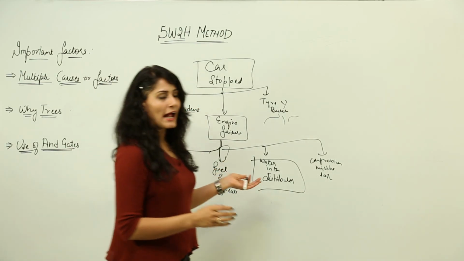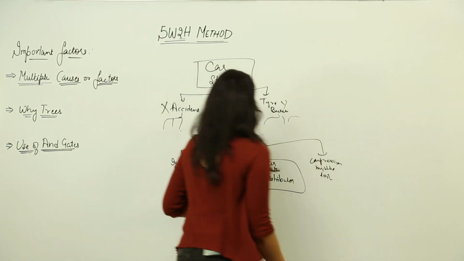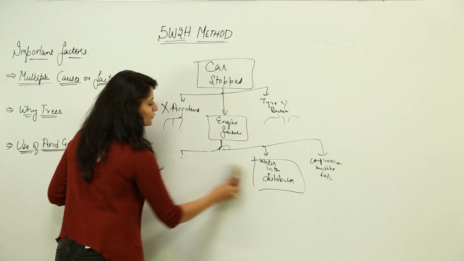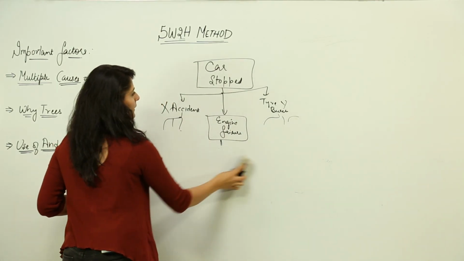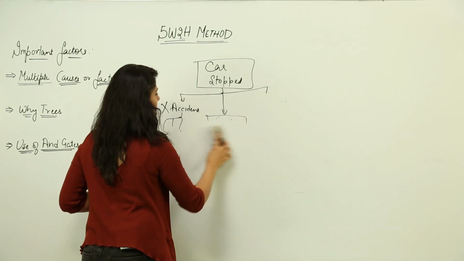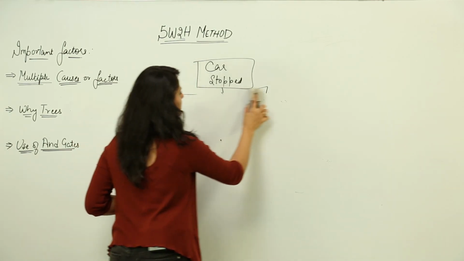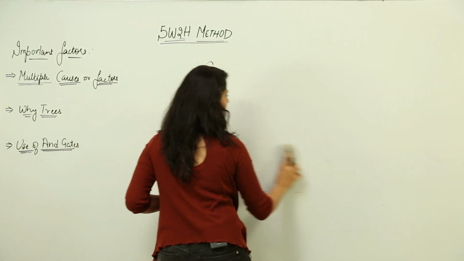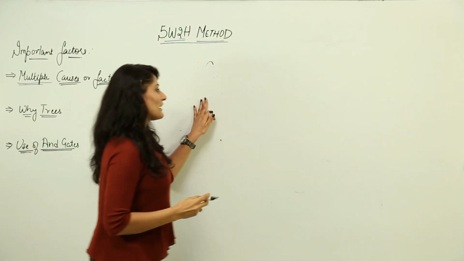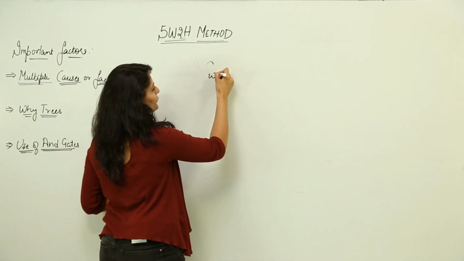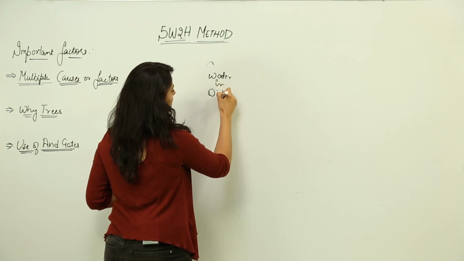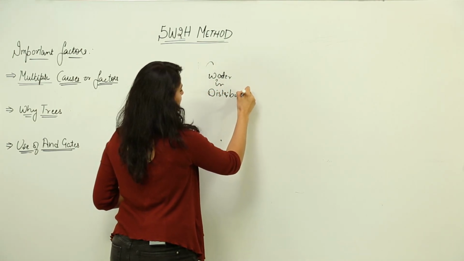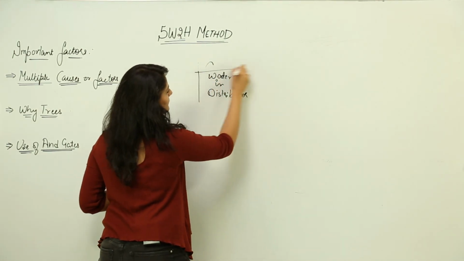So how is this AND gate used now? If I say that this engine failure was due to water in distributor, right.